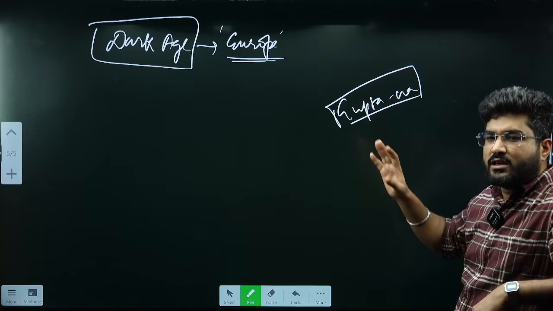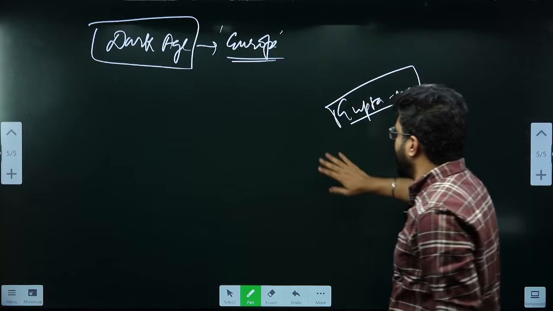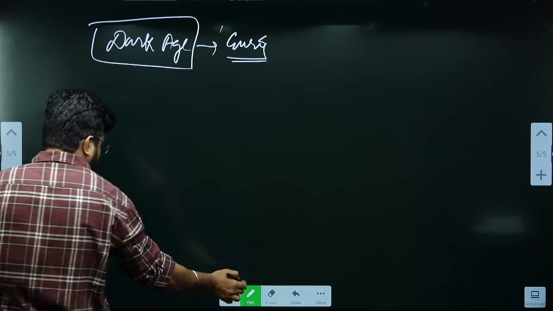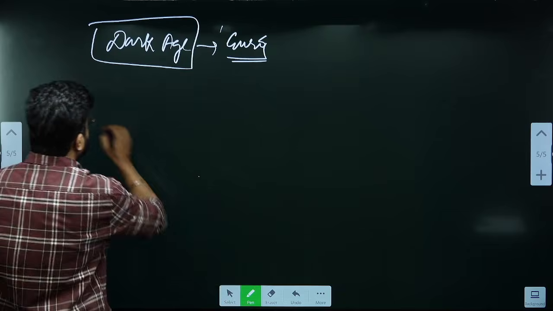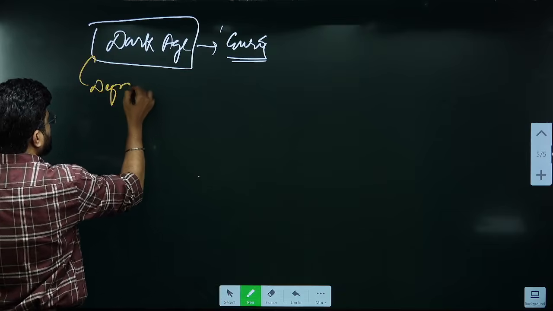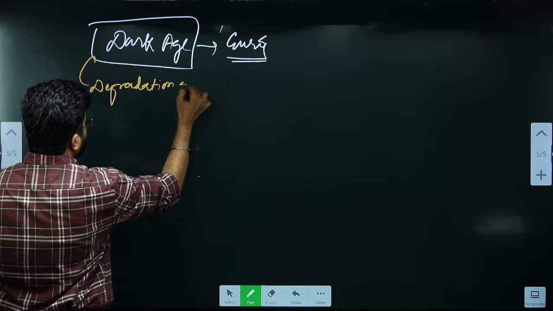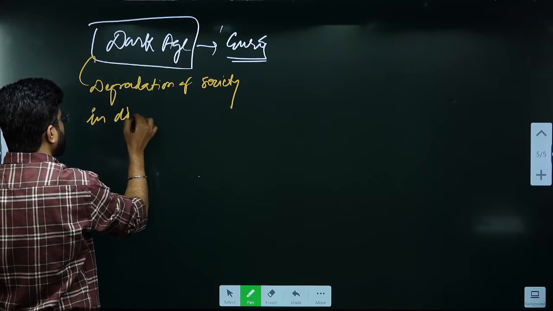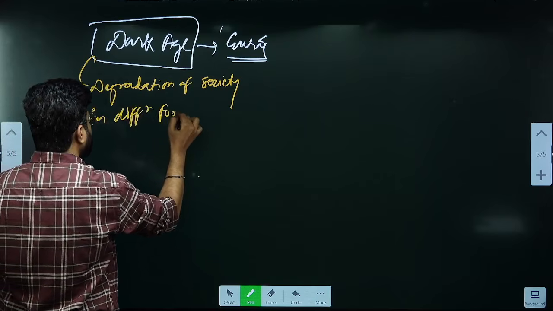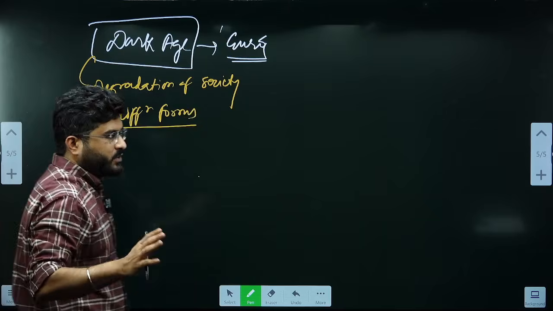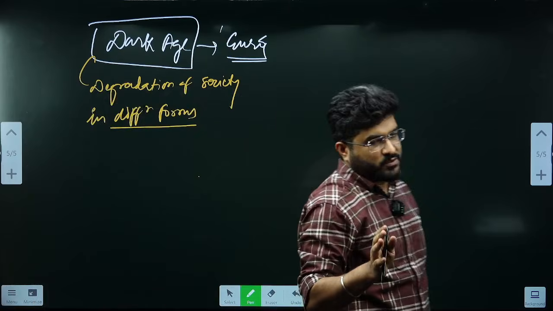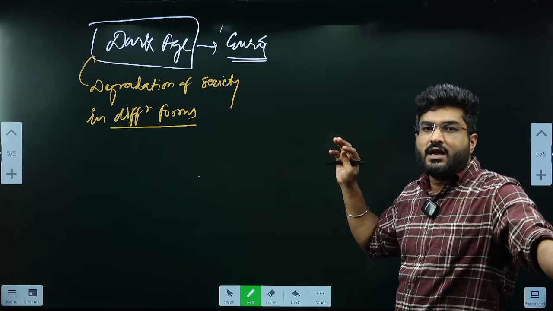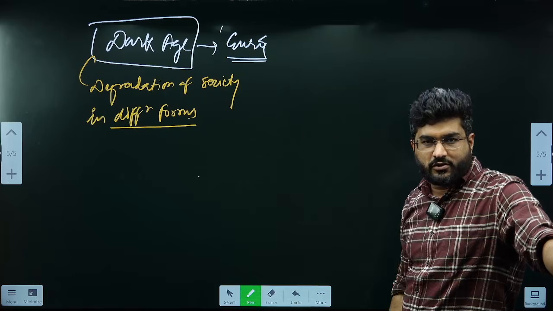Dark age generally means the degradation of society in different forms. These forms can be related to your art, to your politics, to your society at a larger level, to your economy.